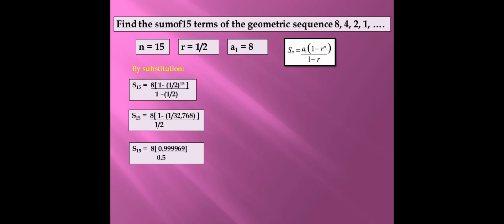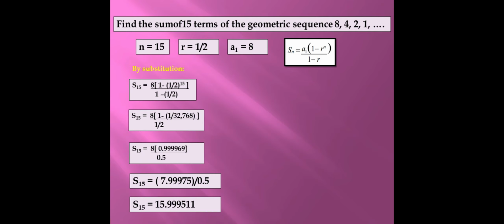So magamit na lang tayo ng calculator. Okay? So S sub 15 now is 7.99975. That is the product of 8 times 0.99969, okay, over 0.5. Yeah.